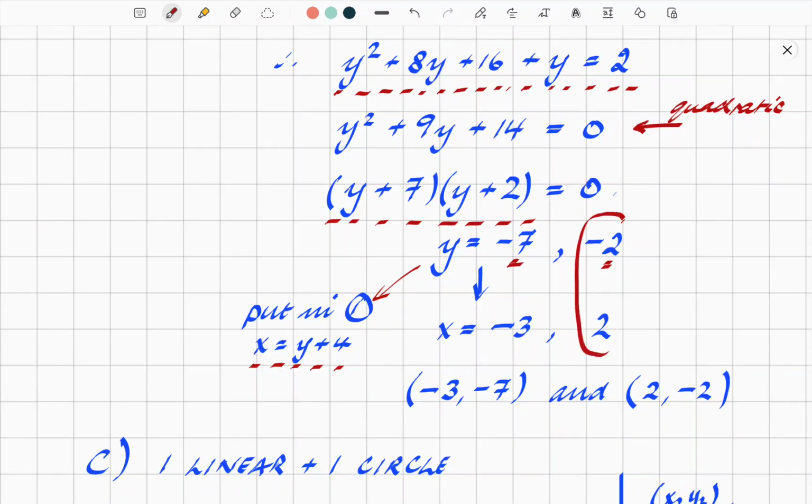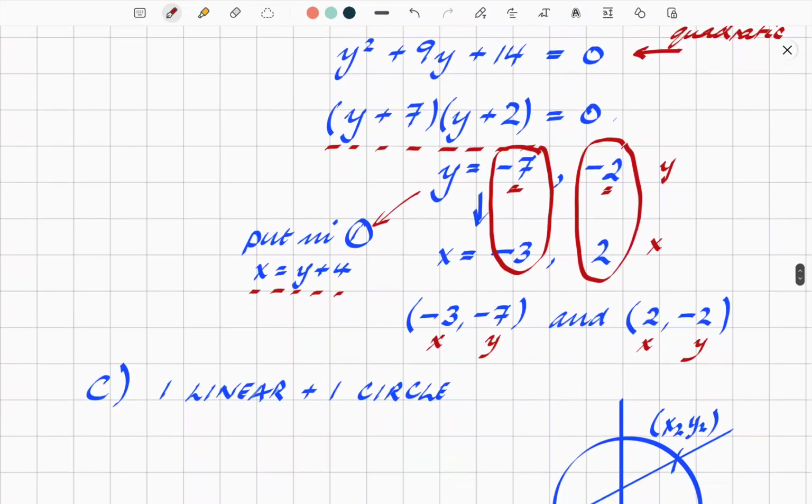You've got to write them in pairs like that. And watch out. This is y, that's x. When you write it out in coordinate pairs, you've got to get the right number first. So that's your x, that's your y, and that's your x, and that's your y. So the solutions are minus 3, minus 7, and 2, minus 2.